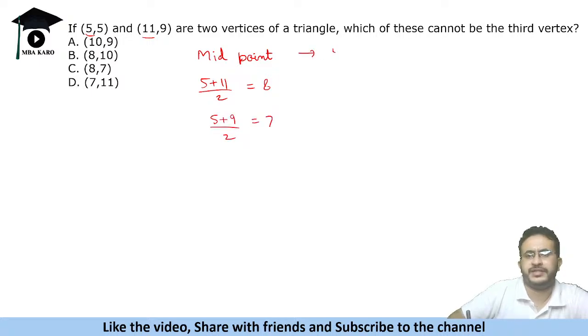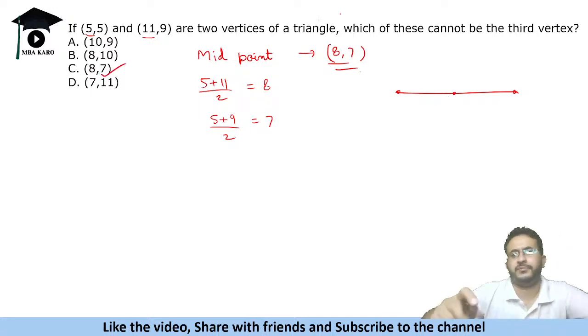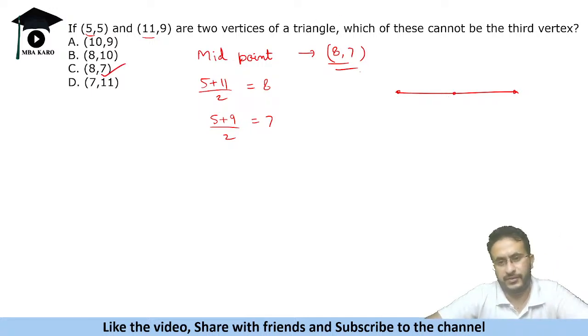So the midpoint is 8 comma 7. Now if you have a line and there is the midpoint, how can you form a triangle using this? We cannot make a triangle. If you take the midpoint, you are taking 3 points on the same line, so you cannot form a triangle using this point.